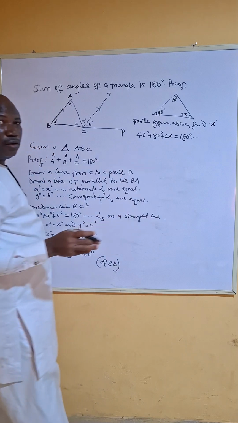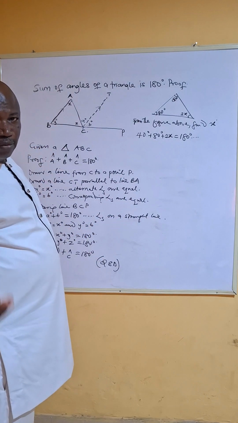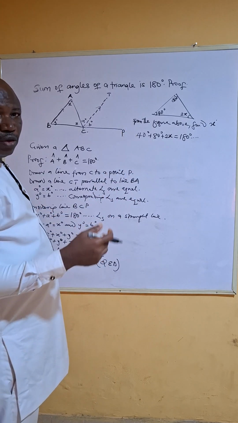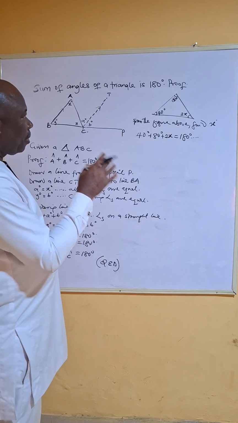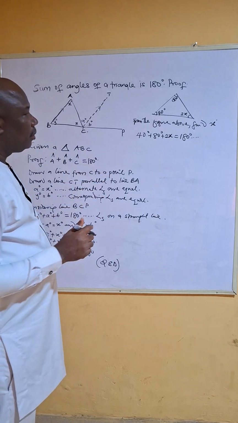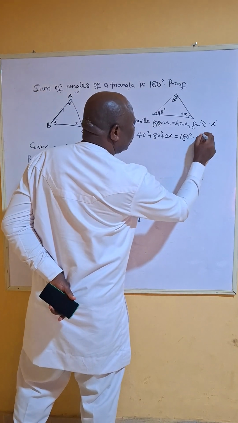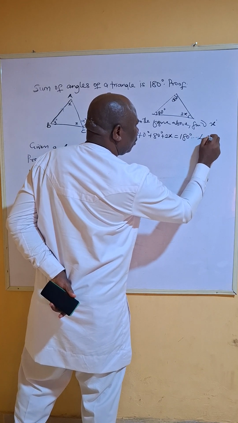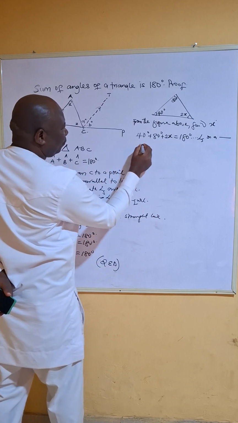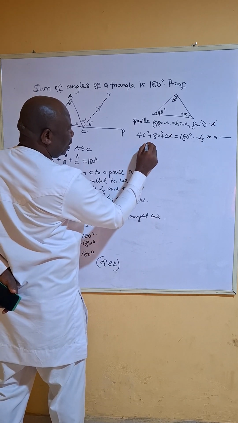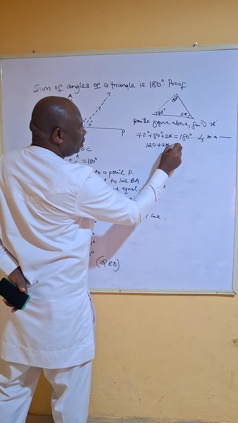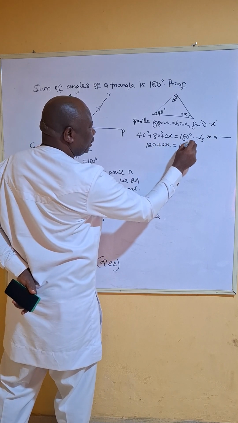You have to state your reason. But if it is an objective question, you don't need to do that, because what objective questions are all about is time and accuracy. So, this is angles in a triangle. Then we have 40 plus 80, we have 120 plus 2x is equal to 180 degrees.